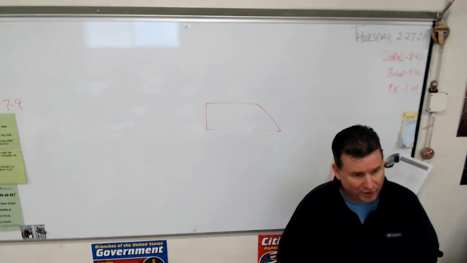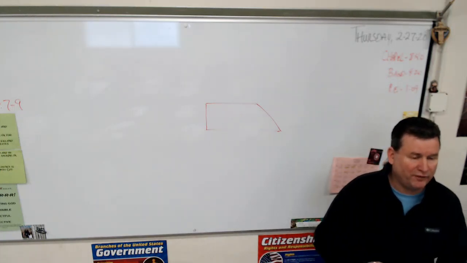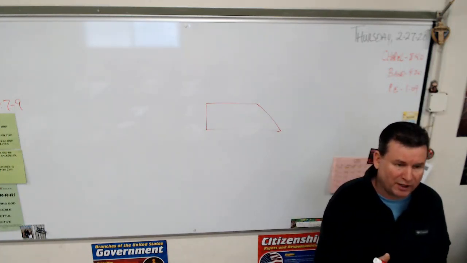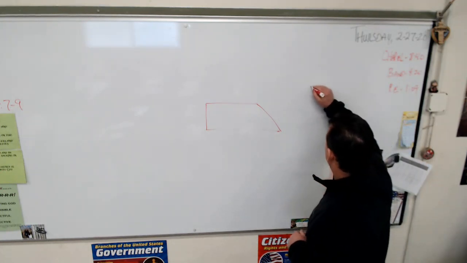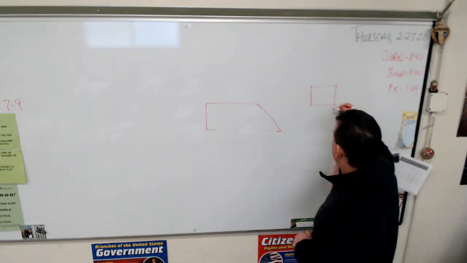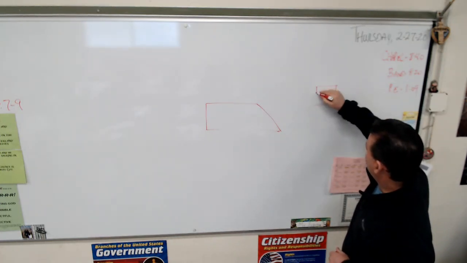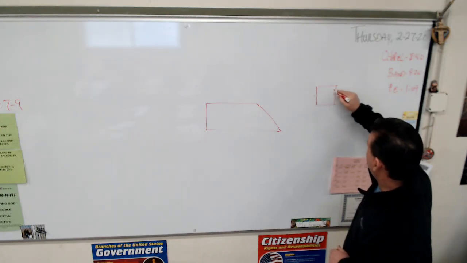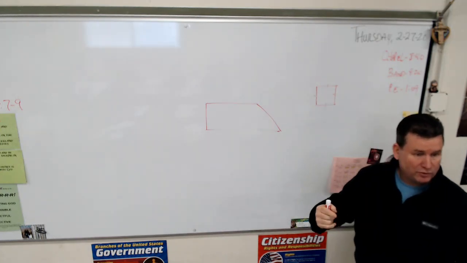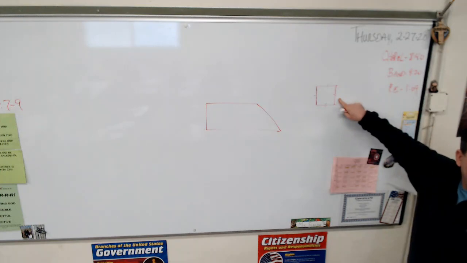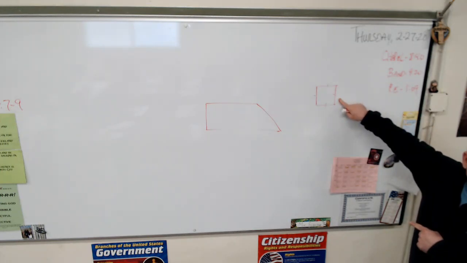Yes. Listen, Kira, the definition of a rhombus is it has to be a parallelogram, so both top and bottom and the sides have to be parallel. And for it to be a rhombus, all the sides have to be the same length. So, Kira, this square is a rhombus.